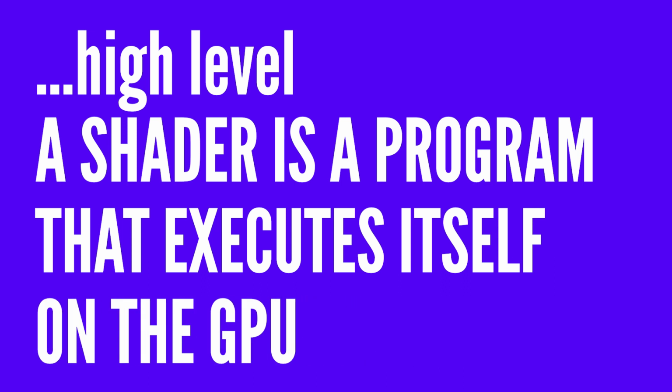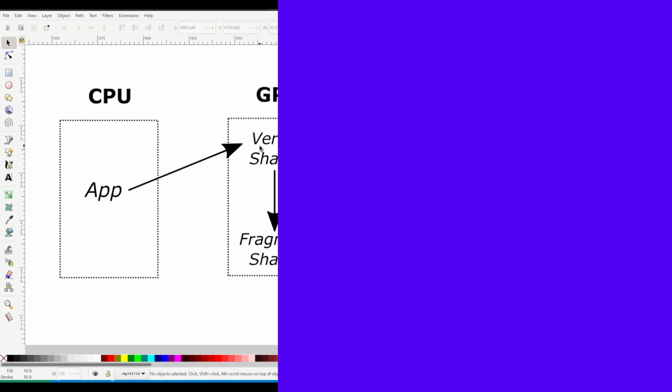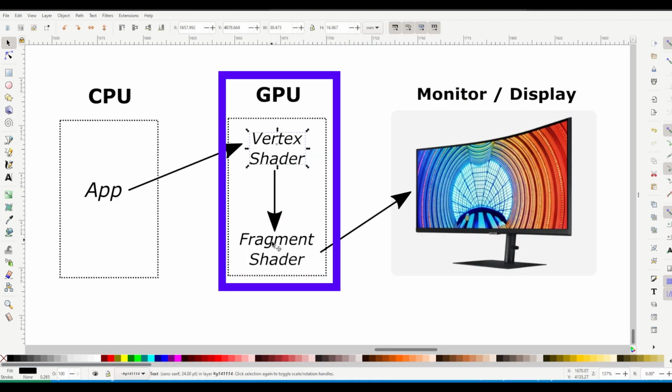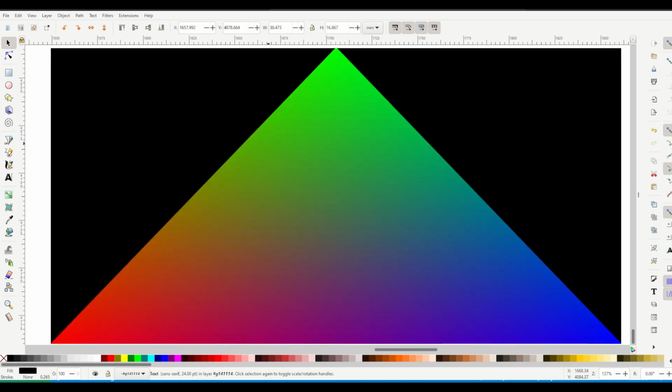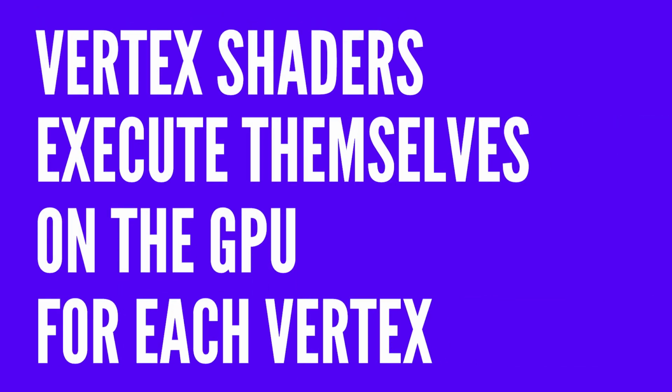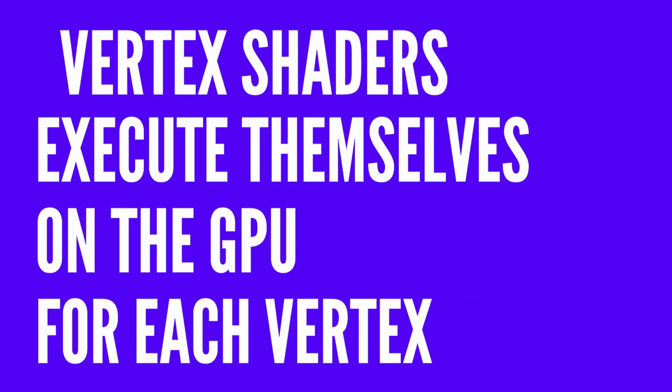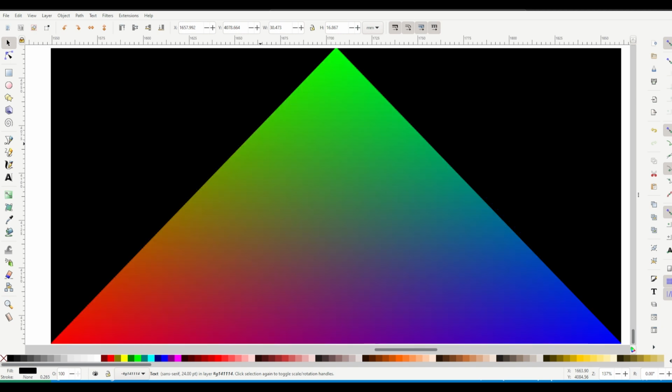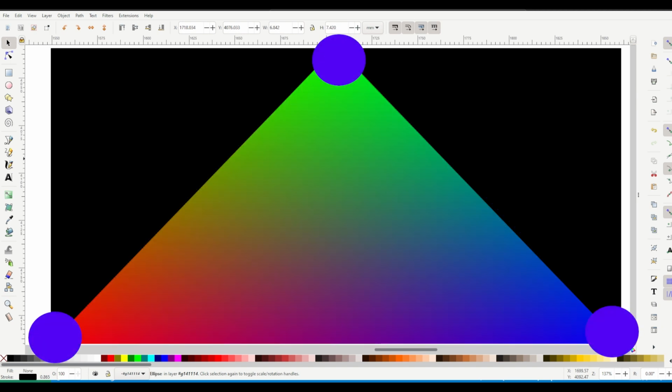The two types of shaders that we're going to be using are the vertex shader and the fragment shader. As we all know, a triangle has 3 vertices. For each vertex, the vertex shader will be executed, so the vertex shader will be run 3 times: for the left circle, the top circle, and the right circle.